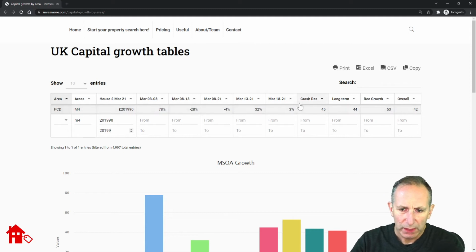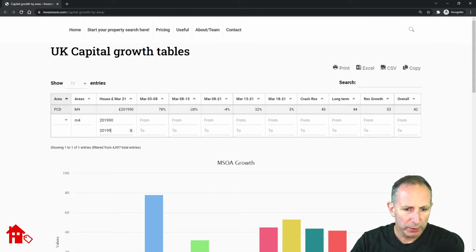So this was the down cycle, so the crash. Then how the area did long term, which factors in short-term capital growth and long-term capital growth. And then recently how it's been doing. And then overall, I give it a score. And the score is based on, as I say, averages and so on. So 50 is the middle.